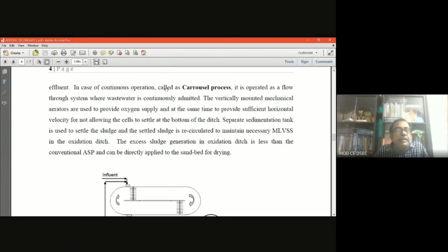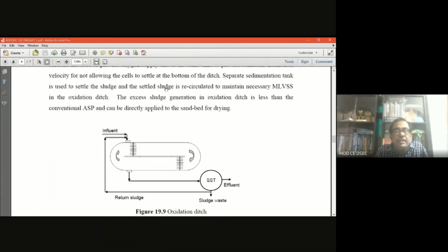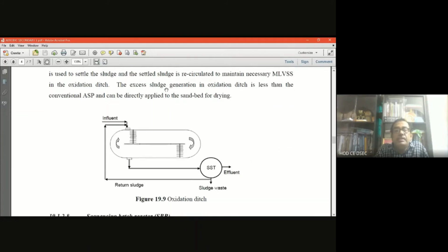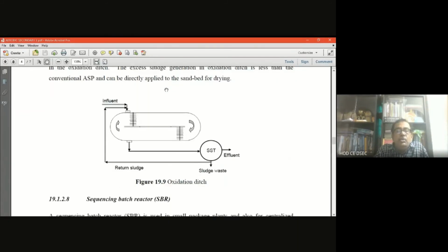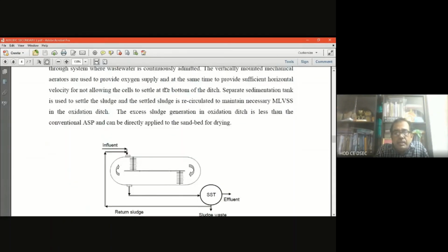Now a separate sedimentation tank is used to settle the sludge, and the settled sludge is recirculated to maintain the MLVSS, that means mixed liquor volatile suspended solid, in the oxidation ditch. Now the excess sludge generation in the oxidation ditch is less than the conventional ASP, as I am repeatedly telling you. So this is all about the oxidation ditch.